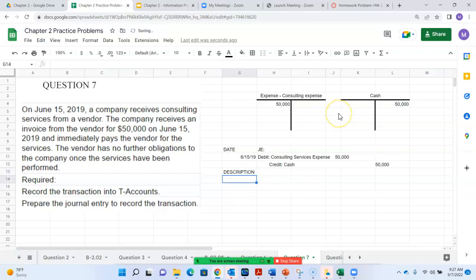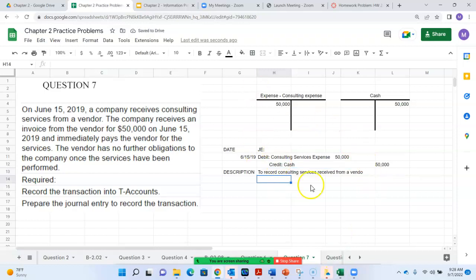If you are the bookkeeper or the accountant, you have all these transactions, and it's pretty easy to get confused. What does this relate to? Maybe you have a bunch of different consultants. Maybe you need to put down that this goes specifically to vendor ABC. So it's really important to include a description. And so let's put: to record consulting services received from a vendor.